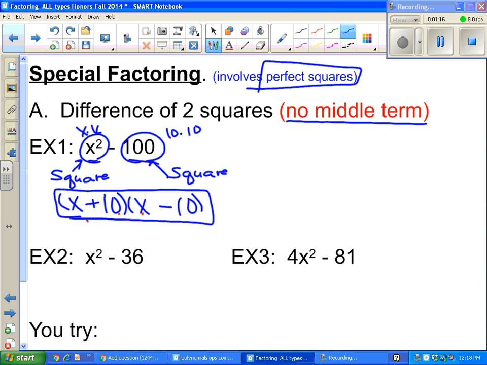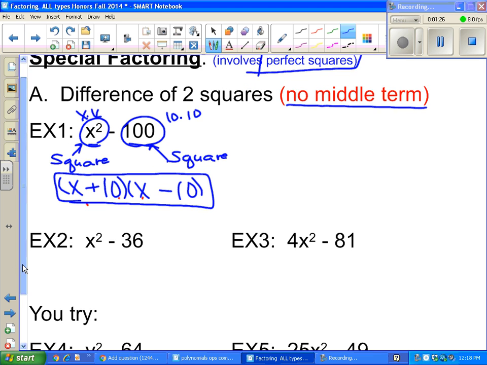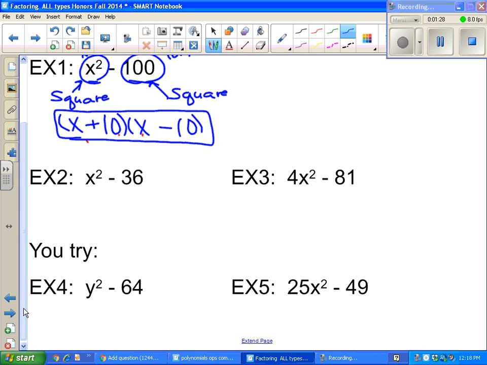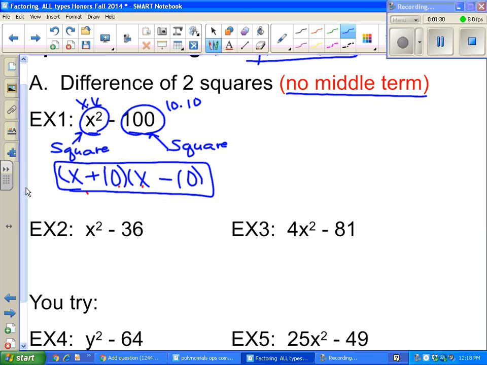So these have a pattern, and if you see the pattern right away, these can be some of the easier factoring problems that we do. All right, so again, no middle term, check for squares, see if you have a difference of two squares. And when I say difference, it's got to be a difference, because a difference is the answer to a subtraction problem. So you've got to have a subtraction sign in the middle.